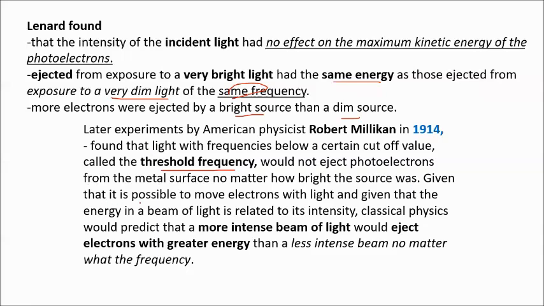Given that it is possible to move electrons with light, and given that the energy in a beam of light is related to its intensity, classical physics would predict that a more intense beam of light would eject electrons with greater energy than a less intense beam, no matter what the frequency.